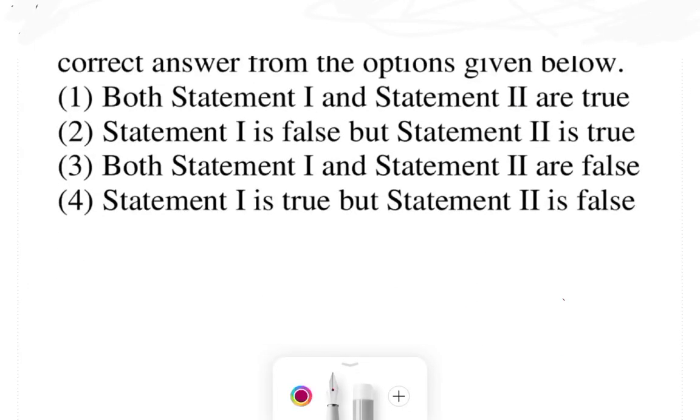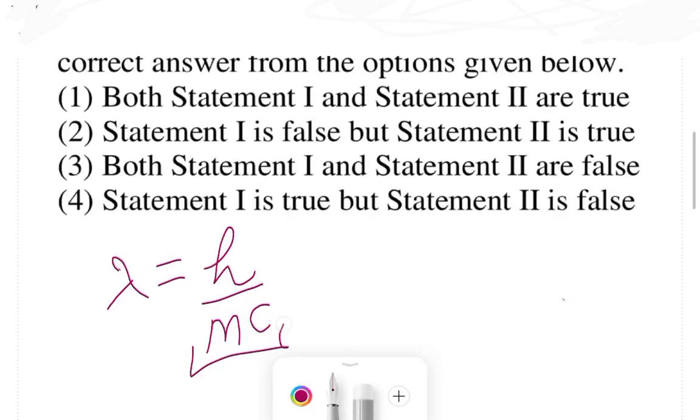For de Broglie wavelength, lambda is equal to h upon mc. mc, as we all know, is nothing but momentum, so we can write it as h upon p.